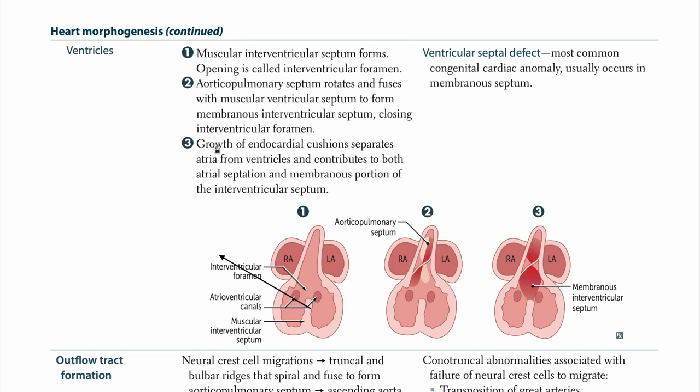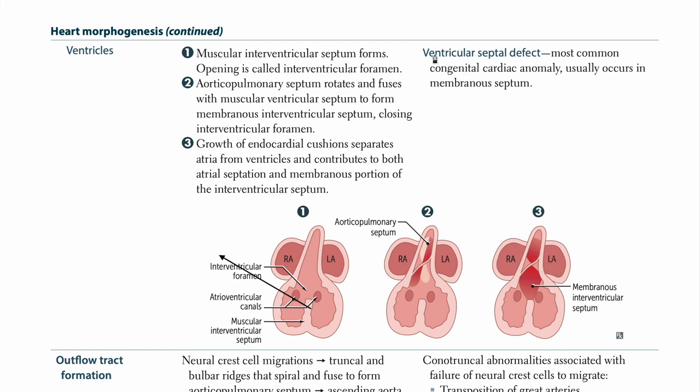So this, you can imagine, is the important structure, right? Because this is the structure that divides the atria and the ventricles. That's all it's saying. So it also divides the two atria, because that's the right atrium, that's the left atrium. And now that it's over here, it's going to divide the two ventricles as well, and atria and ventricle as well.